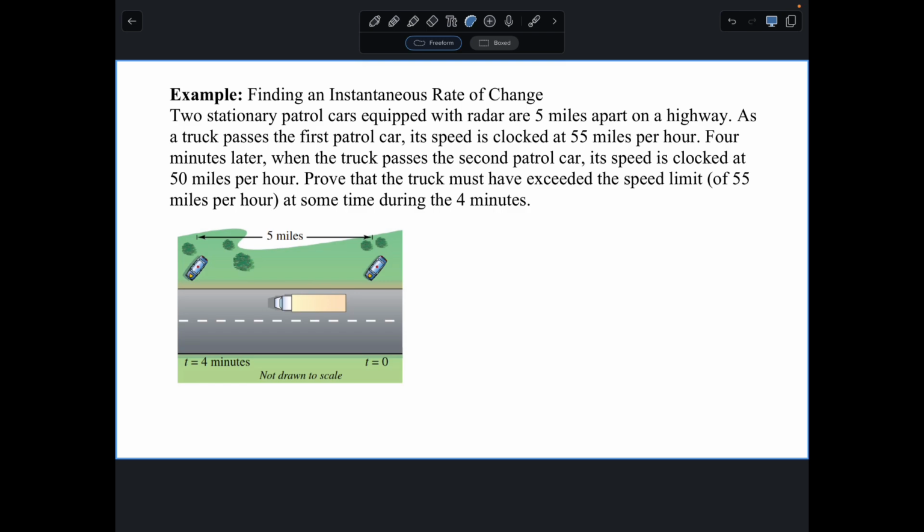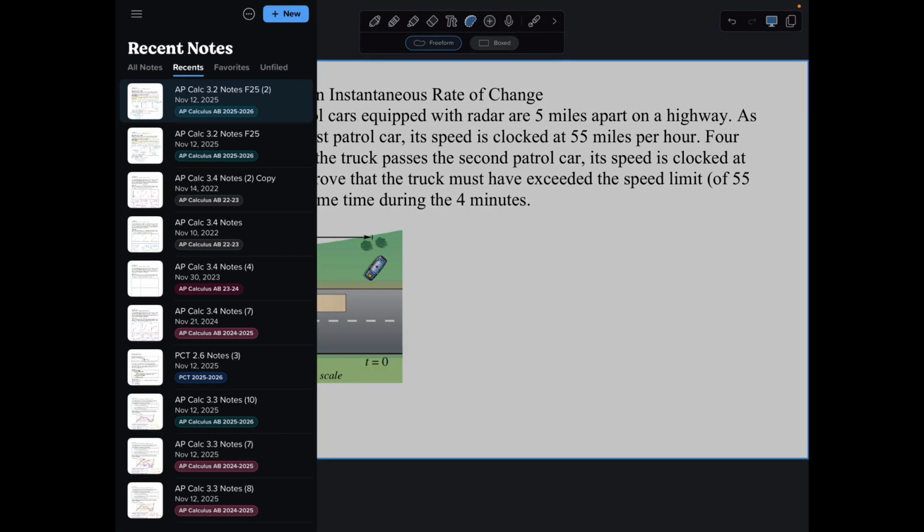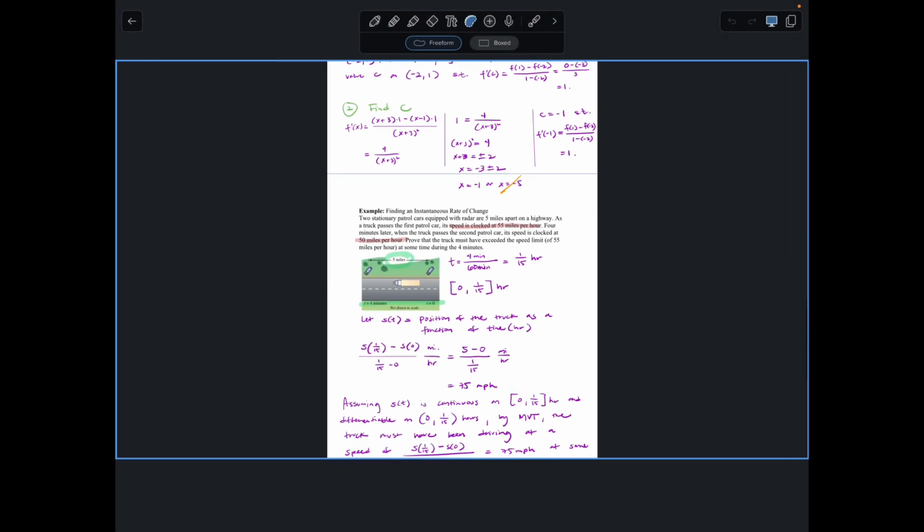Therefore this average rate is equal to 75. Therefore, the truck exceeded the speed limit illegally. We need to put him in jail now. Not just the truck. So you assume a position.